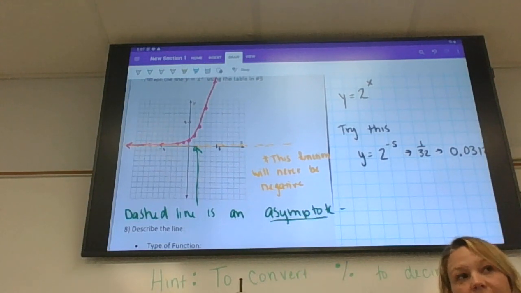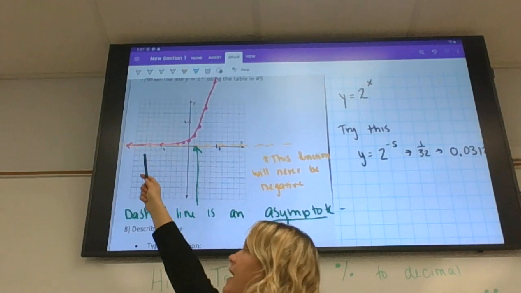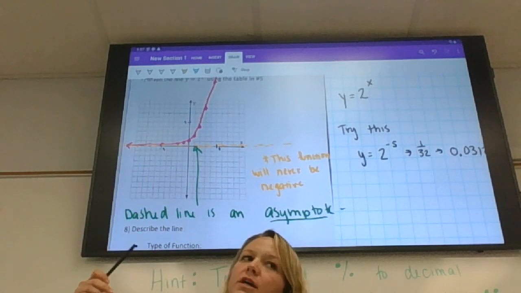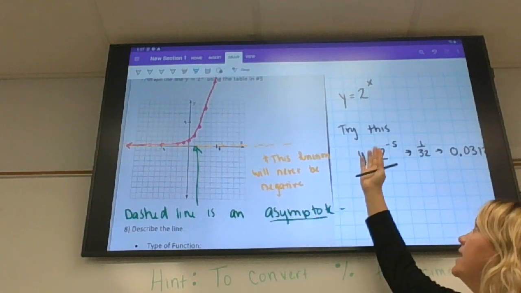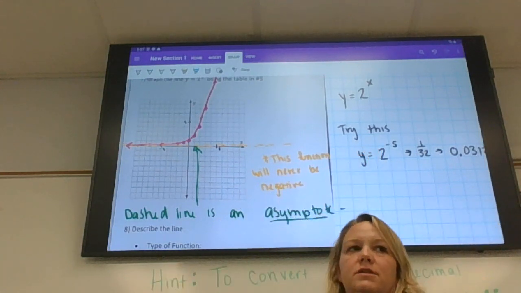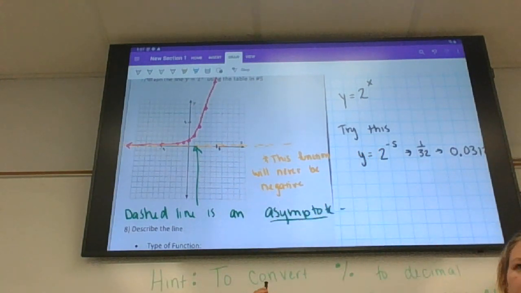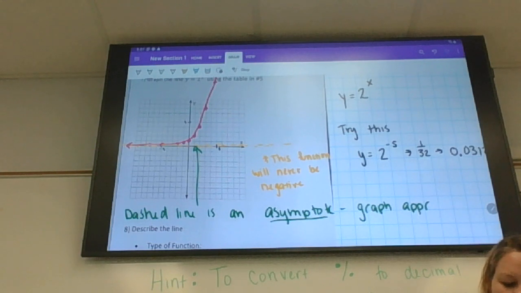It's like a magnet. The end of the graph is drawn to this dashed line like a magnet. Because in our function, the more negative x gets, the closer it gets to 0, but it never perfectly equals 0 or crosses 0. Asymptote.